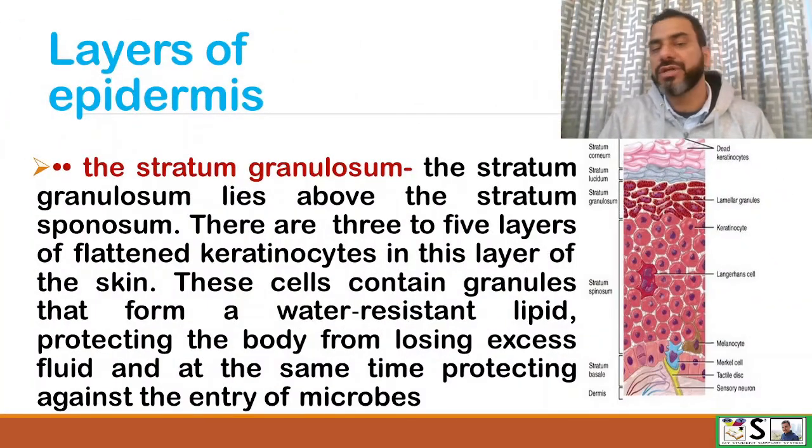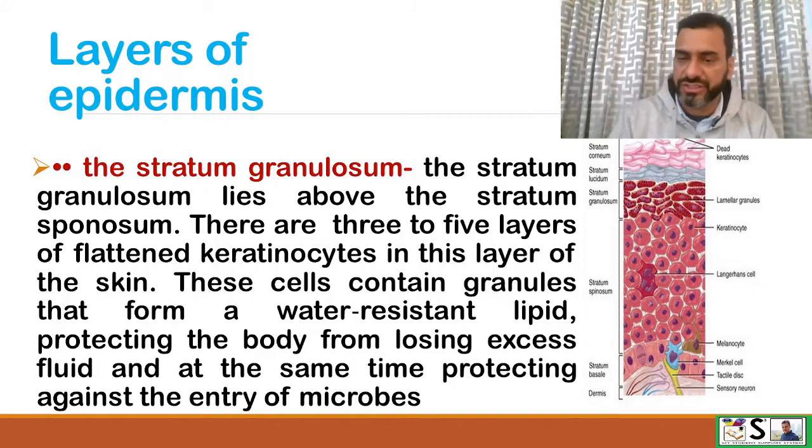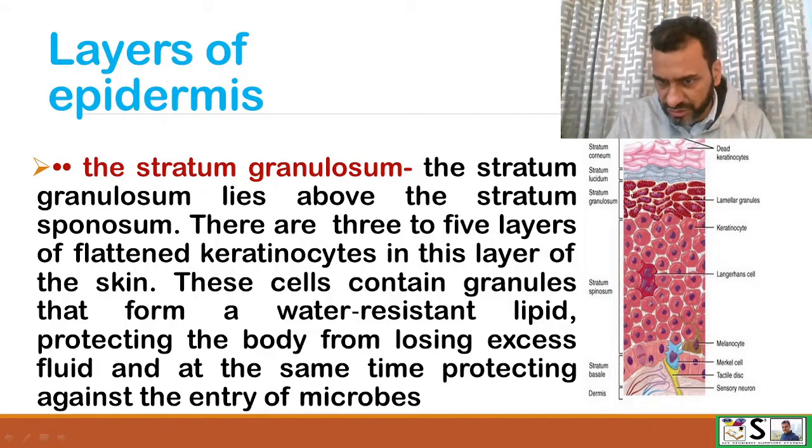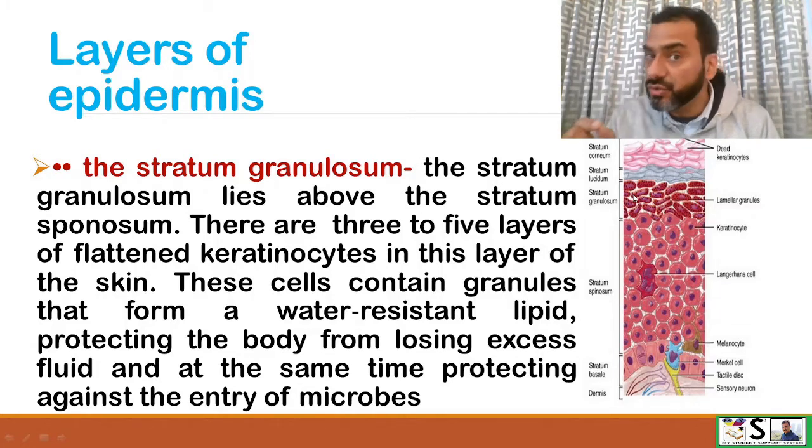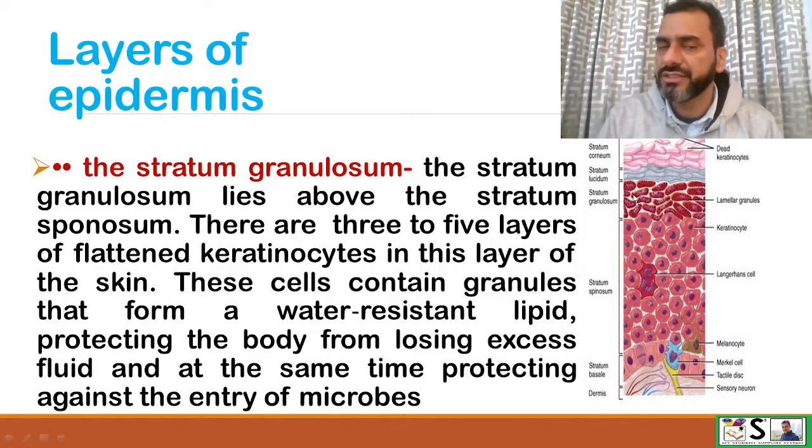Next one is stratum granulosum. The stratum granulosum lies above the stratum spinosum. So this layer is stratum granulosum. There are 3 to 5 layers of flattened keratinocytes. These cells contain granules. That's why we call it stratum granulosum.